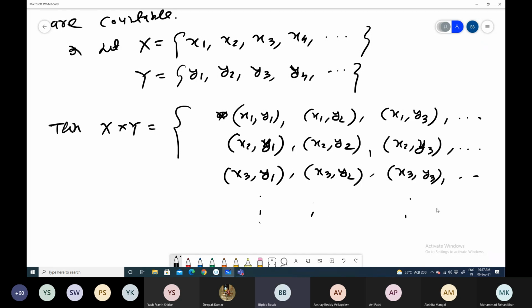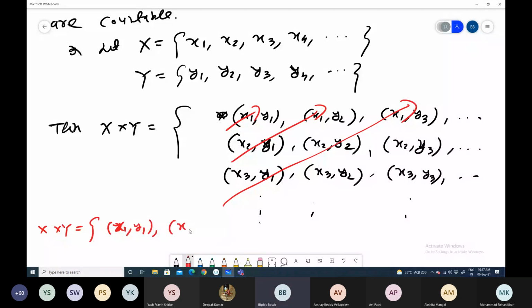So again, it is an infinite cross infinite matrix form. Again, we can count diagonally. So the elements of x cross y can be written as an infinite sequence where the terms are: x1, y1, then x2, y1, x1, y2, in this way.